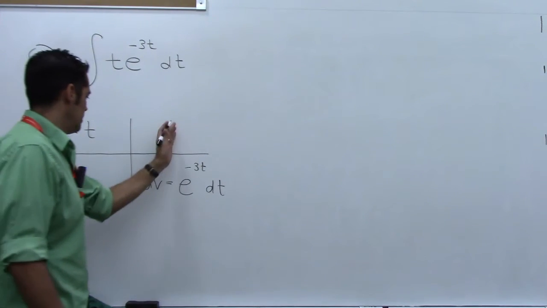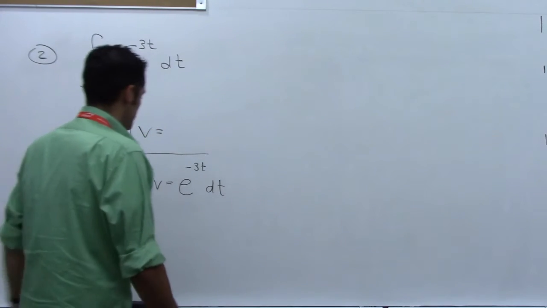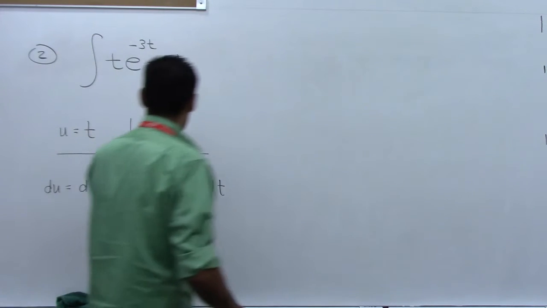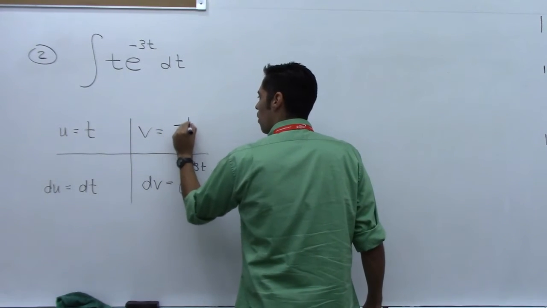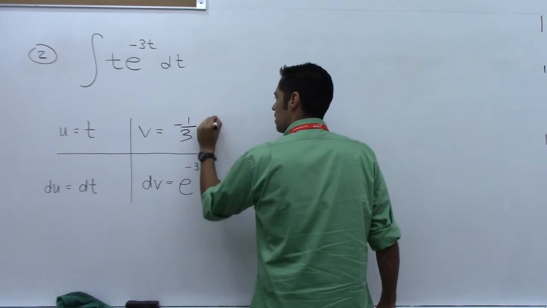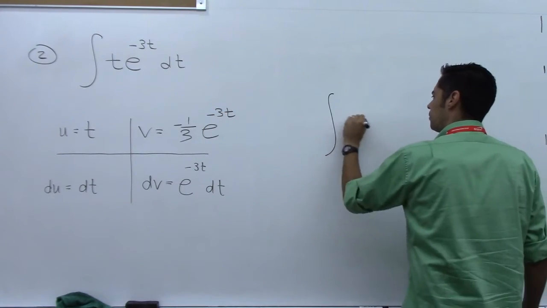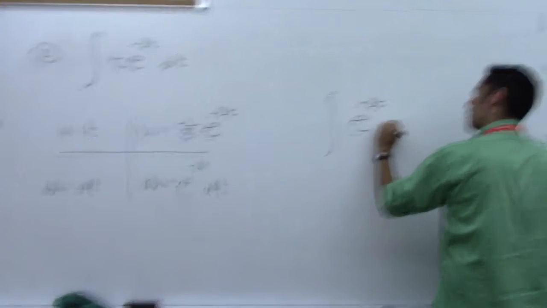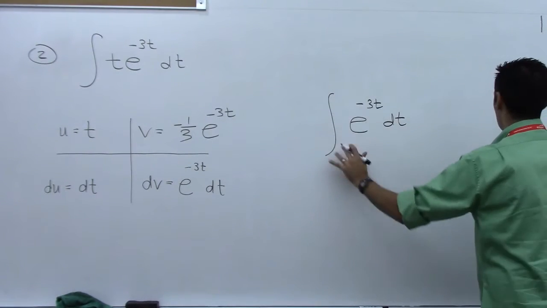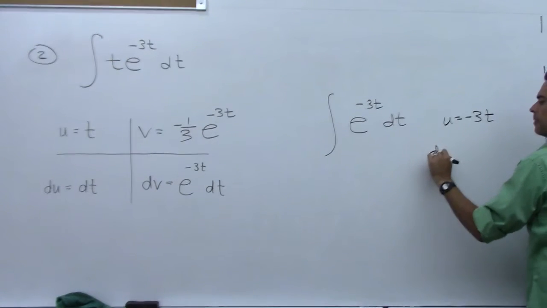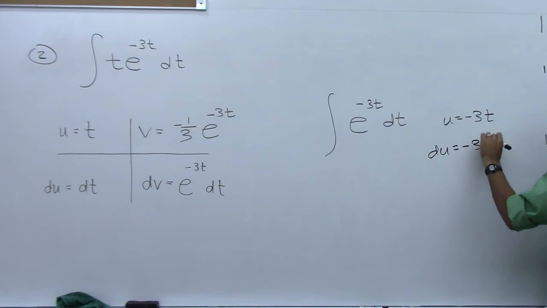And then the antiderivative going up here, you have to be a little careful because this is not just going to be e to the negative 3t. We're going to have a negative 1/3 e to the negative 3t. And you can see that if you do that on the side here. Just a separate problem here. Let u be equal to negative 3t. du would be negative 3 dt.